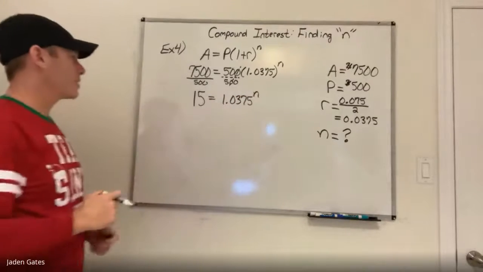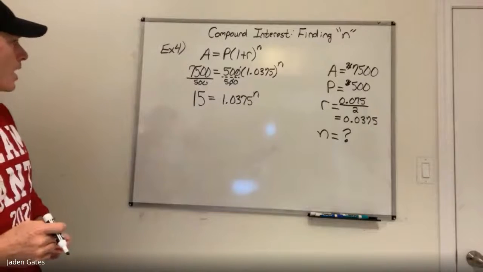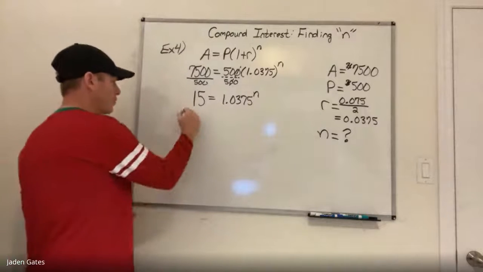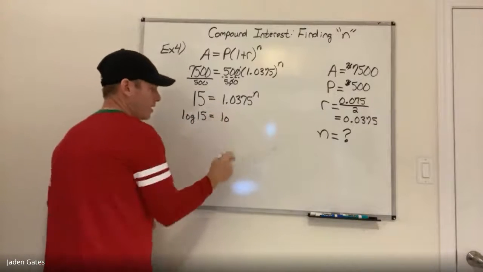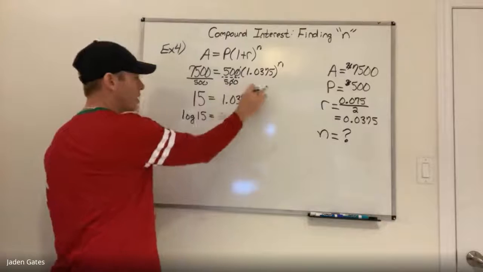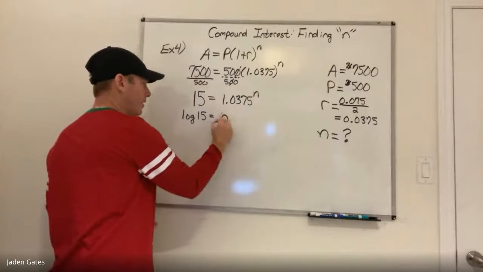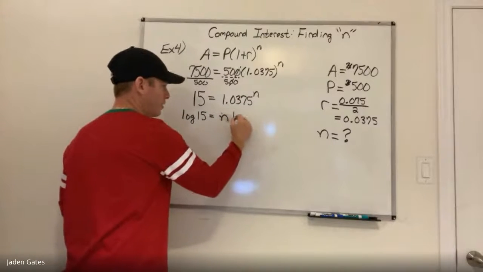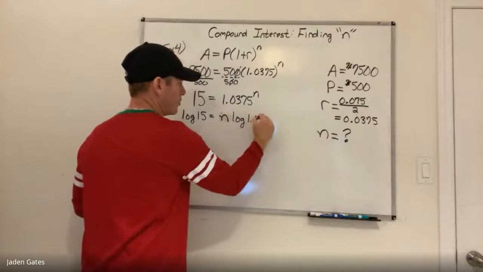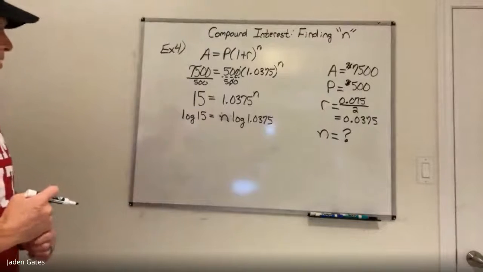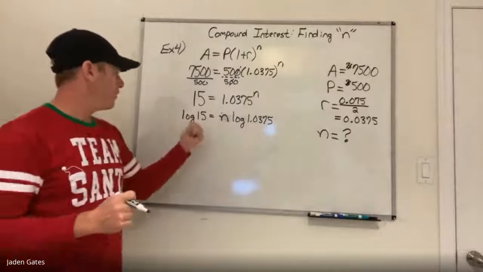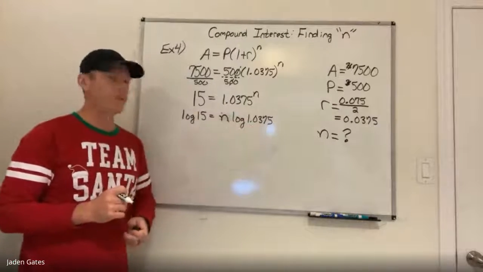And just as I've done before, I'm going to take the log of both sides. So I take the log of 15 here, and I'm going to take the log of this, but again, I'm going to use my log rule. So essentially, it's just going to bring my n down in front. All right, now I'll take the log of 15 and the log of 1.0375.